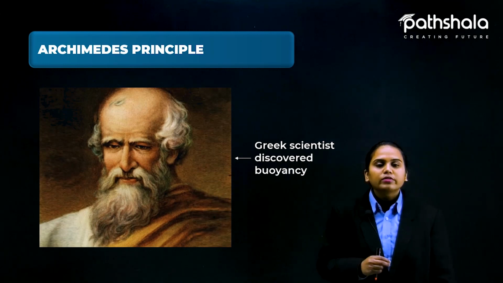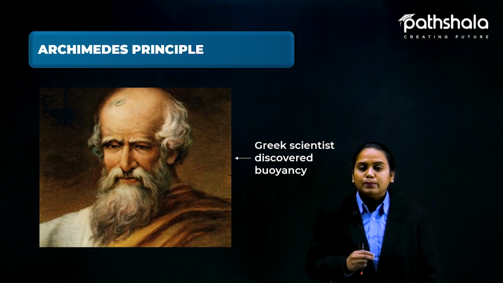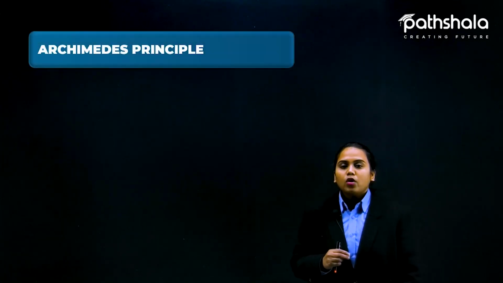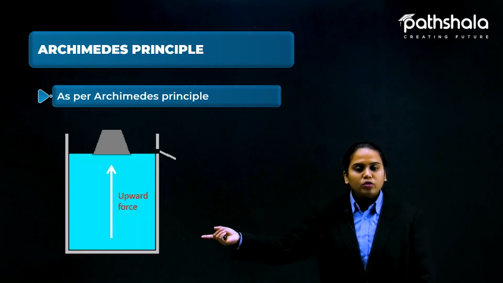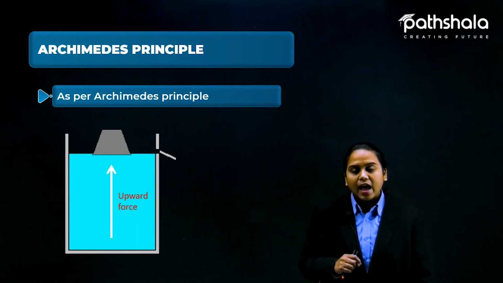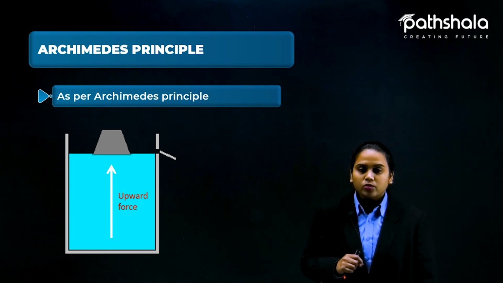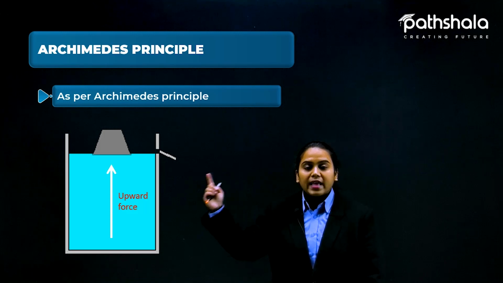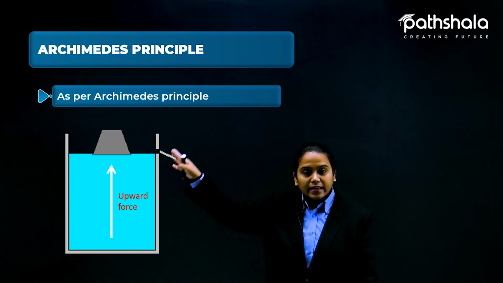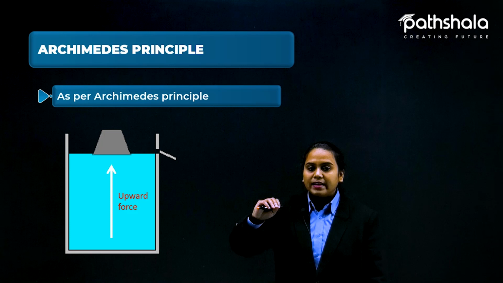So here we are going to study what this principle said. According to the Archimedes principle, the upward force is generated by the liquid, that I have told you in the buoyancy part also. Now that upward force and the downward force get neutralized by itself.